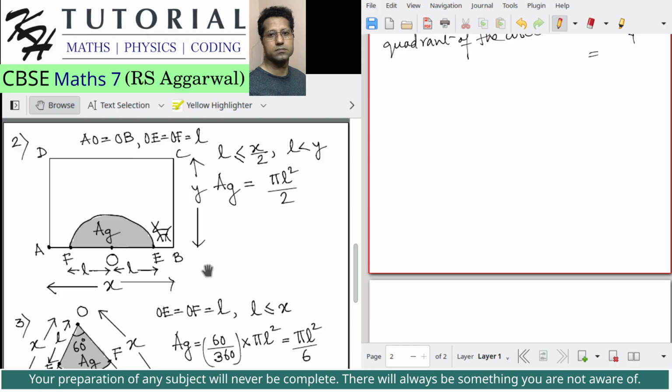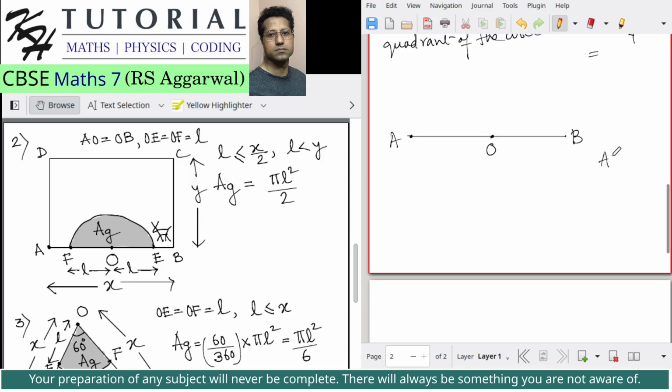The length of the rope is small l, and in this case, the length of the rope L is less than or equal to x by 2. So this is the side AB of the rectangular plot or boundary, and the foot of the pole by which the animal is tied with the rope is the point O, which is the midpoint of the side AB.